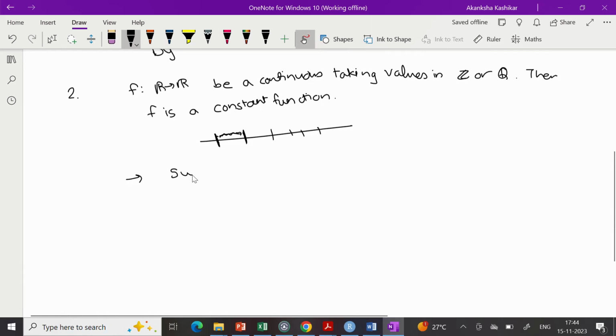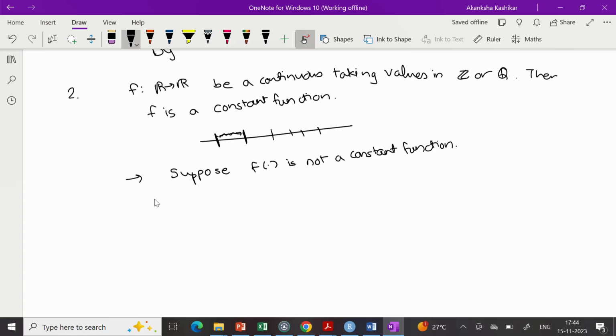So again we will try by contradiction. So suppose f is not a constant function. This implies that f takes at least two distinct values. Not a constant means it takes at least two distinct values.